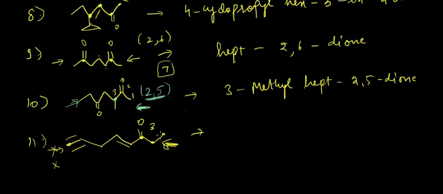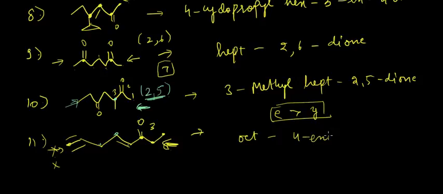The longest chain in this case is 1, 2, 3, 4, 5, 6, 7 and 8, so we write oct, and then between ene and yne, I will write ene first, because the first character E in ene comes before the first character Y of yne, hence alphabetical order is followed. So oct-4-en-7-yn-2-one.